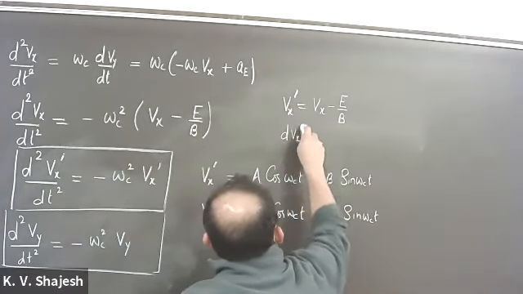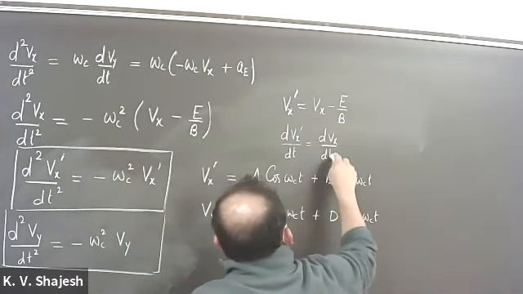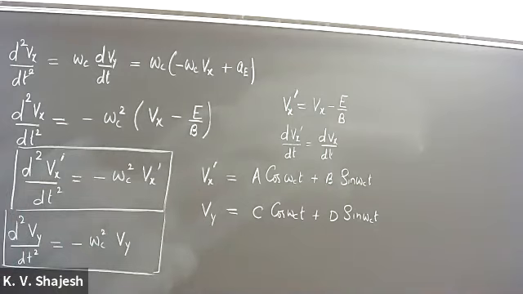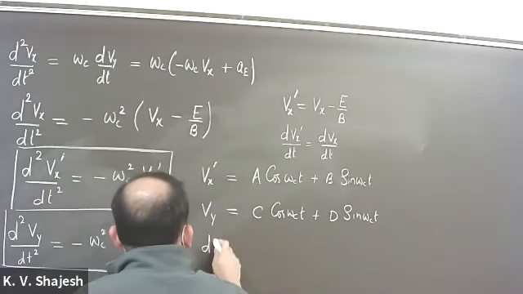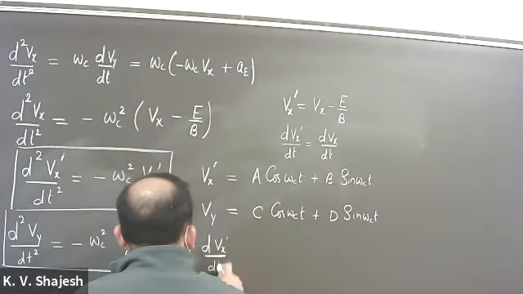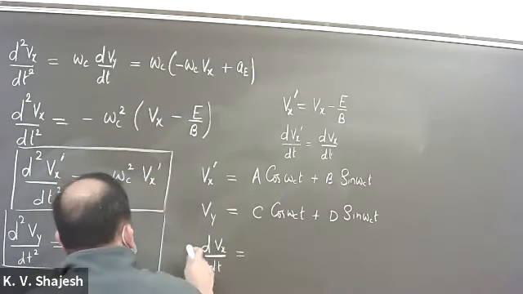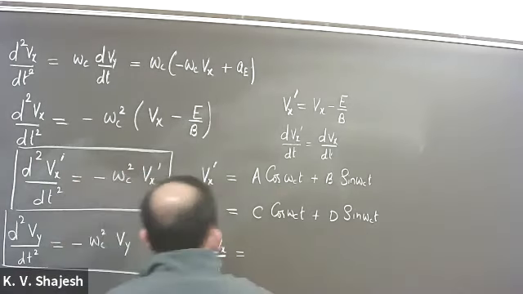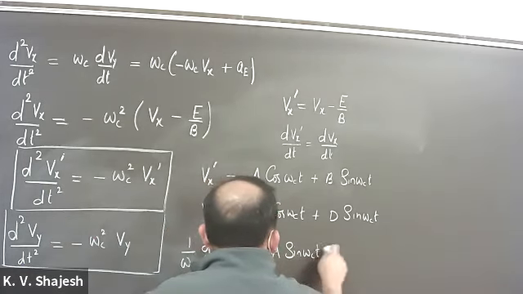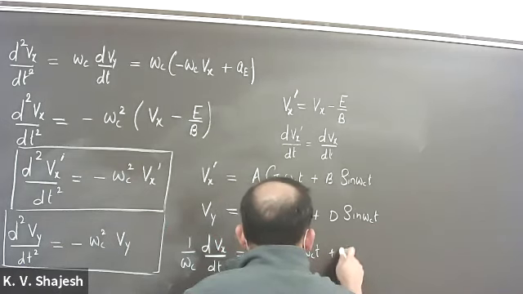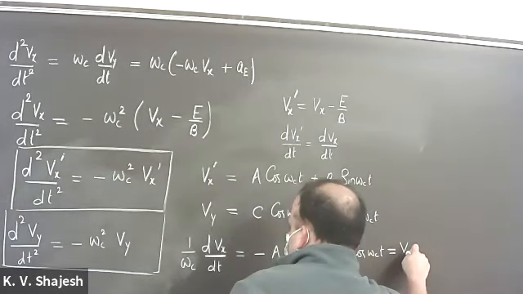So dVx prime over dt is equal to dVx over dt, even though there is this constant sitting up there. Dividing out by omega c also, I get minus A sine omega c t, this is what we did last time, plus B cosine omega c t. And that's supposed to be equal to Vy.